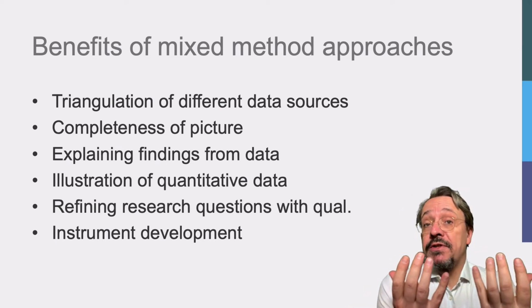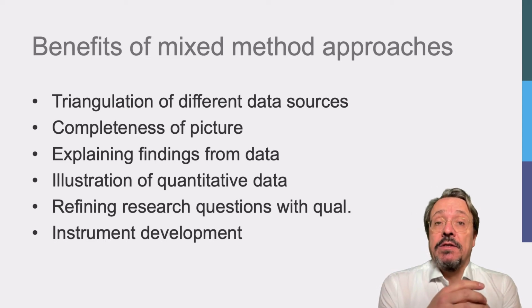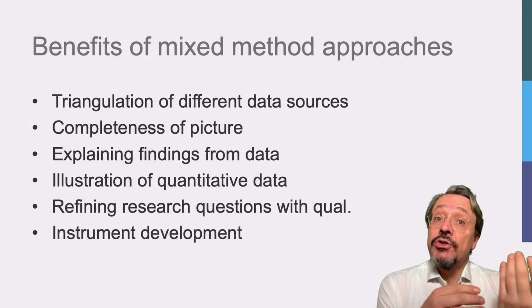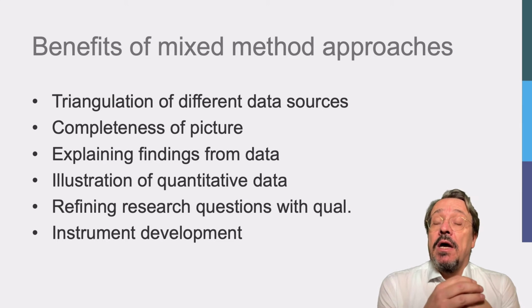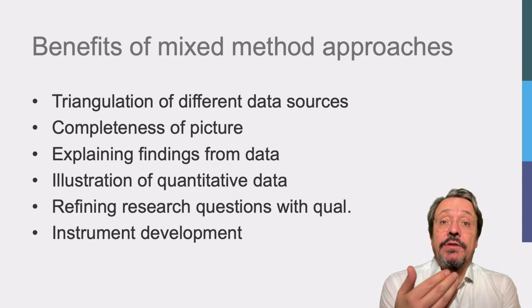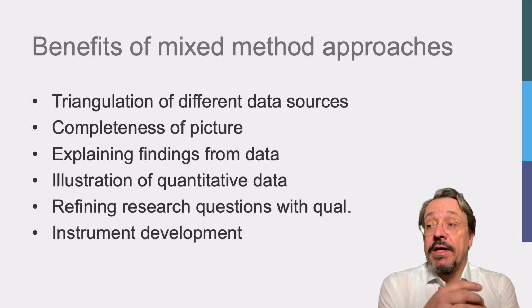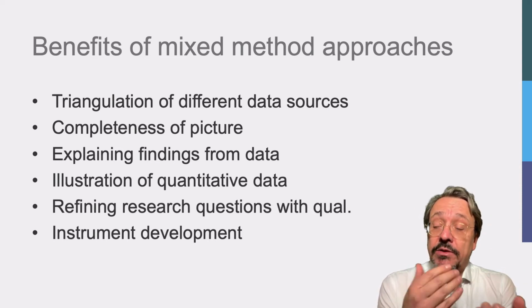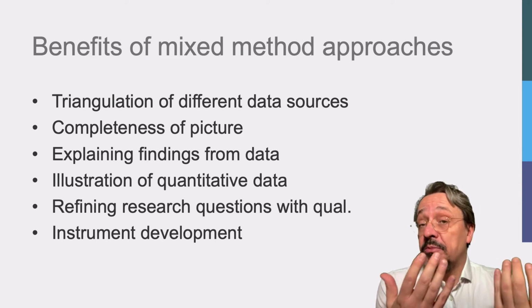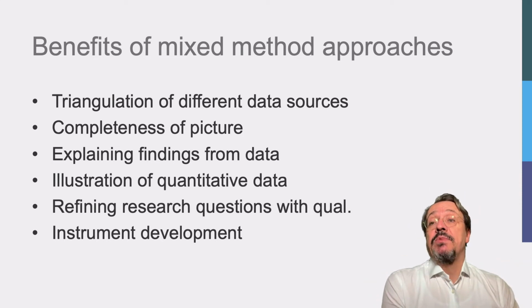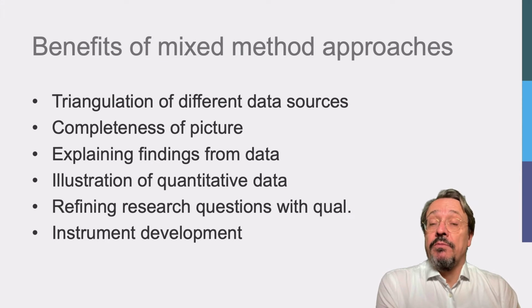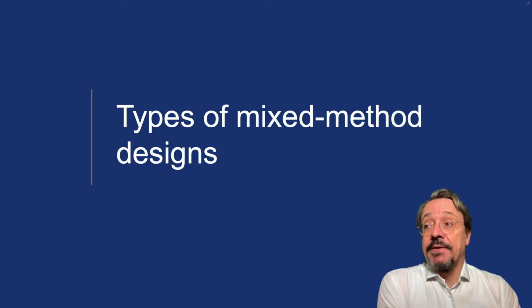Some qualitative data can explain some quantitative data or illustrate cases out of the quantitative data you collected. You can also use iterations of the same type of data collection to raise your quality or develop an instrument for measuring a specific concept you want to measure and you need in your design.